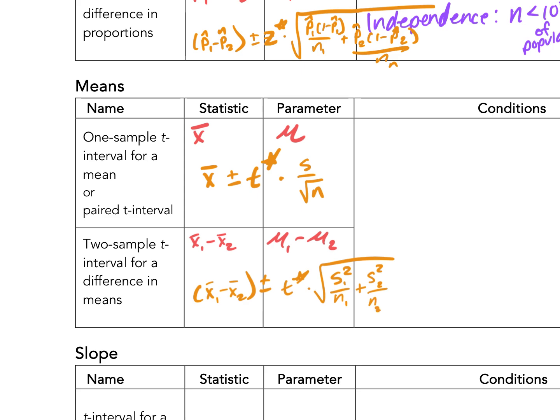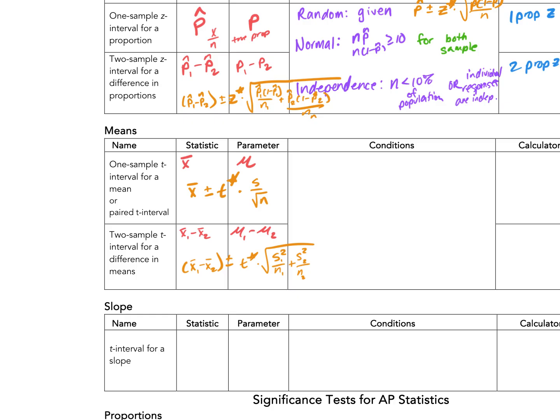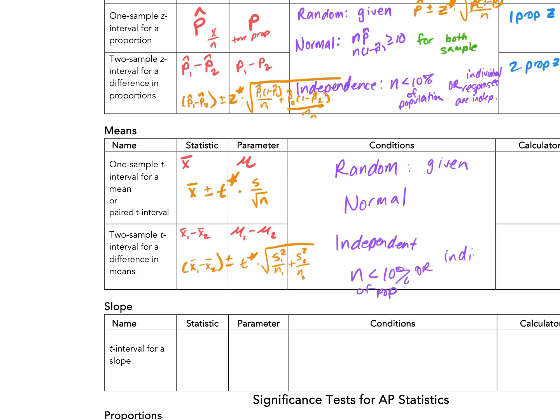Okay. Conditions? First one is random. Normal, independent. Random will be given. Independent is still n is less than 10% of the population, or individual responses are independent.